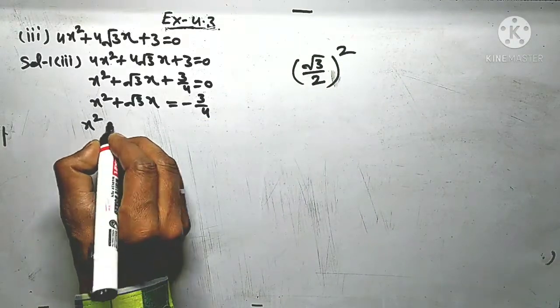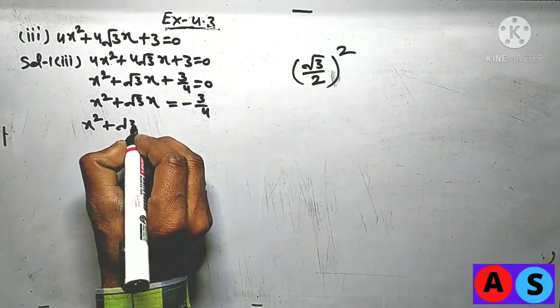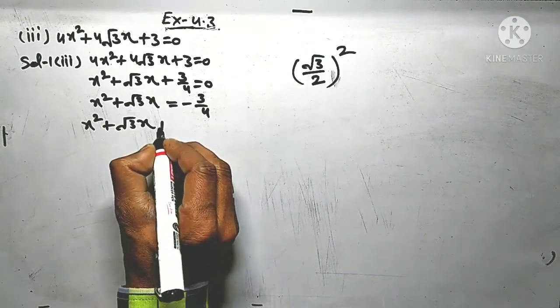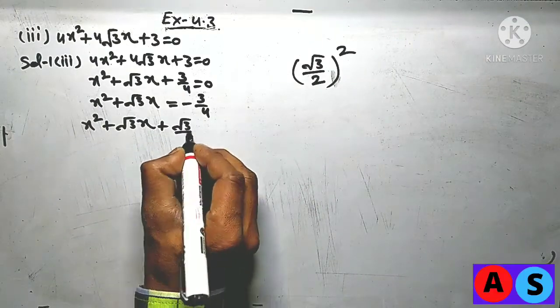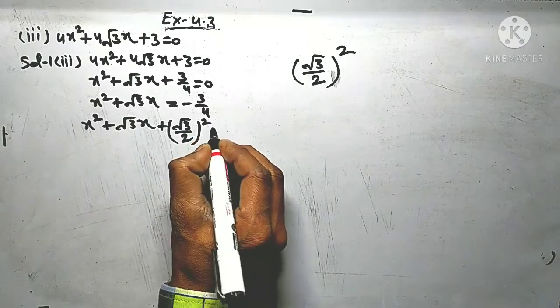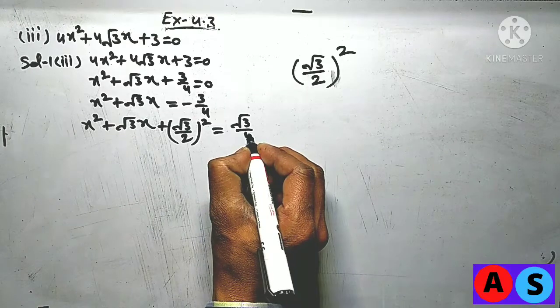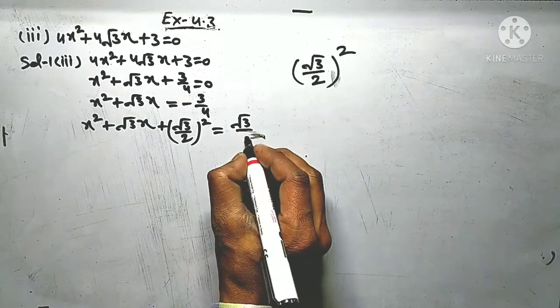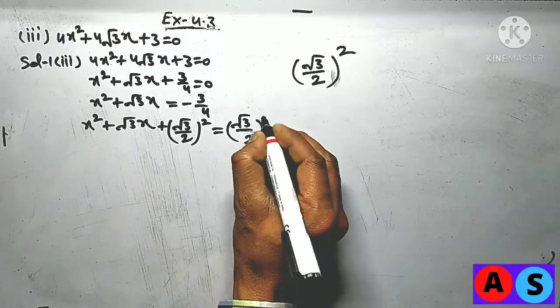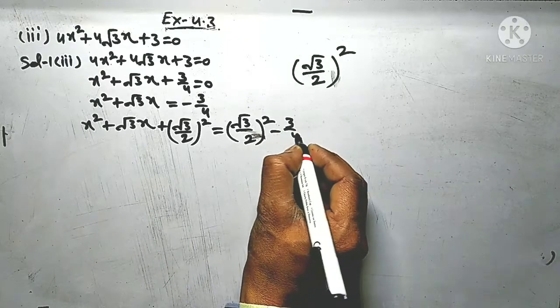So x square plus under root 3 x plus under root 3 over 2 whole square is equal to under root 3 over 2 whole square minus 3 over 4.